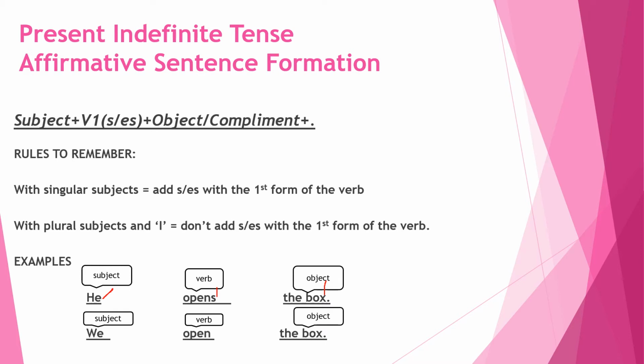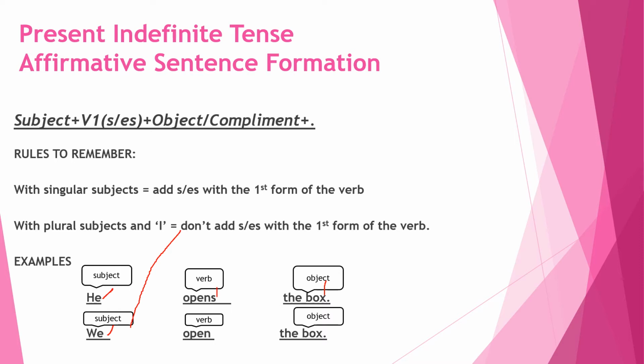So look at the second example, which is we open the box. Here we is the subject and you know that it is a plural subject, and I had told you that with plural subjects you do not add s or es. So here I haven't added s with open. So your sentence becomes we open the box.